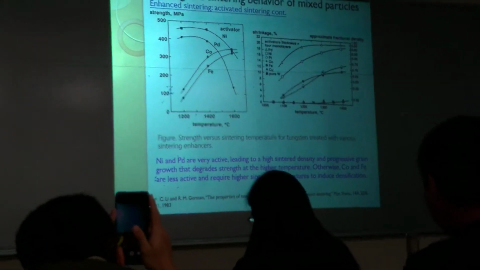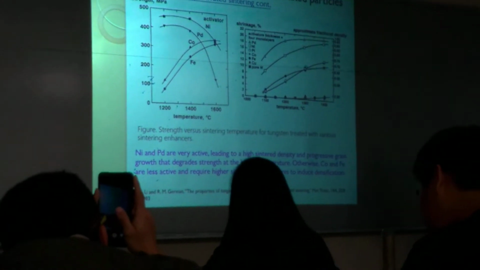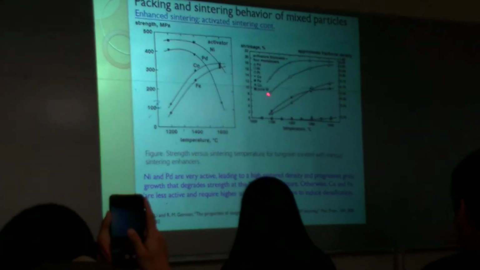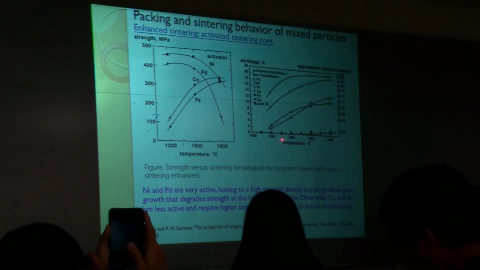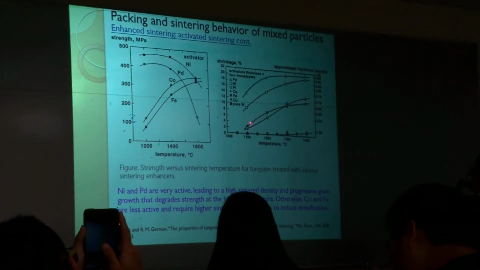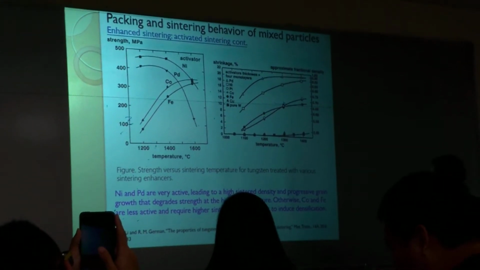So this one is for the enhance. So for the dopant, right? Do you think this one here is pure tungsten? Pure tungsten, okay? But if you dope with different dopants, you can see it will be enhanced.